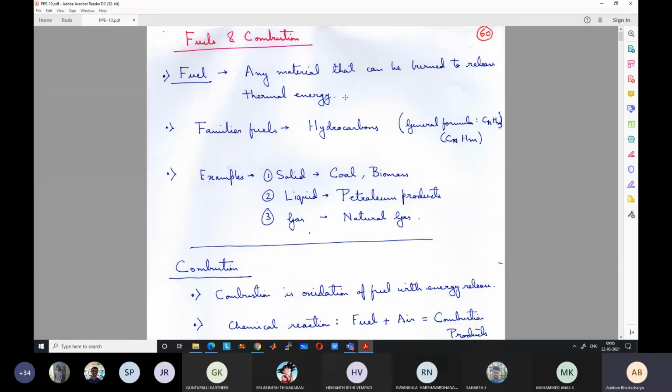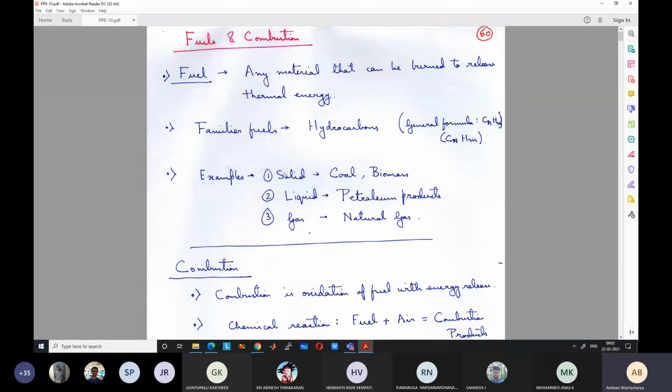By hydrocarbons, we mean fuels with a formula of the form CnHm or CxHy, some combination of carbon and hydrogen. For example, methane, propane, ethane, or higher ones like octane.